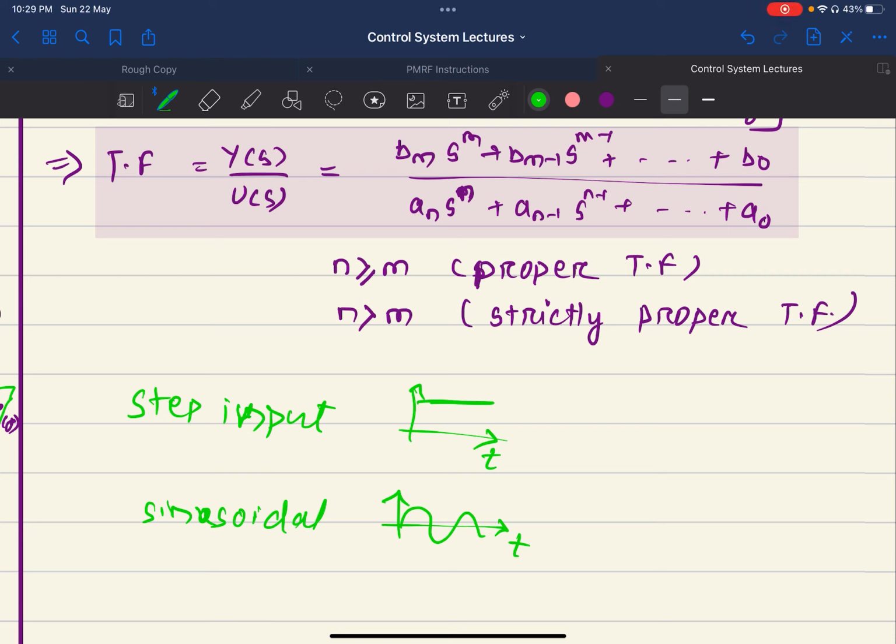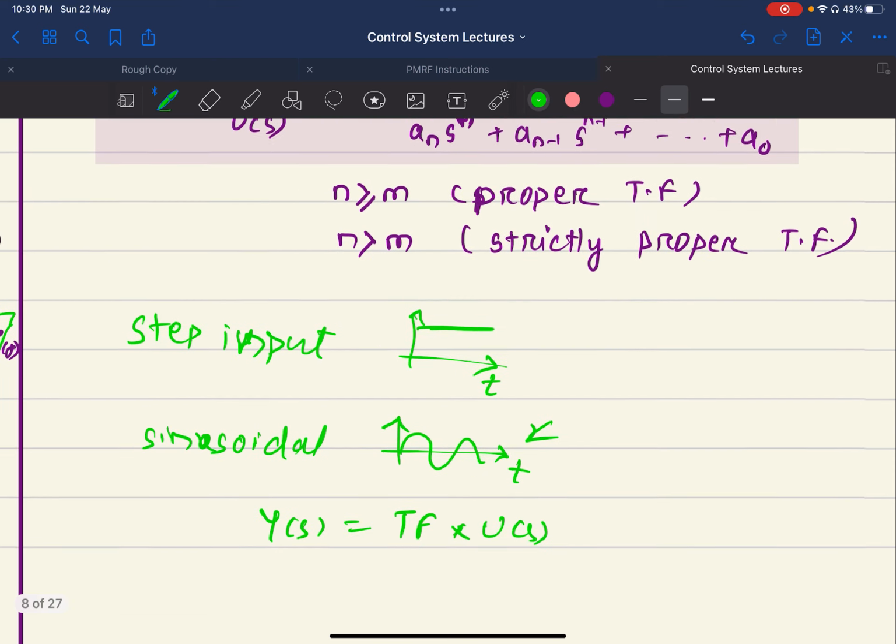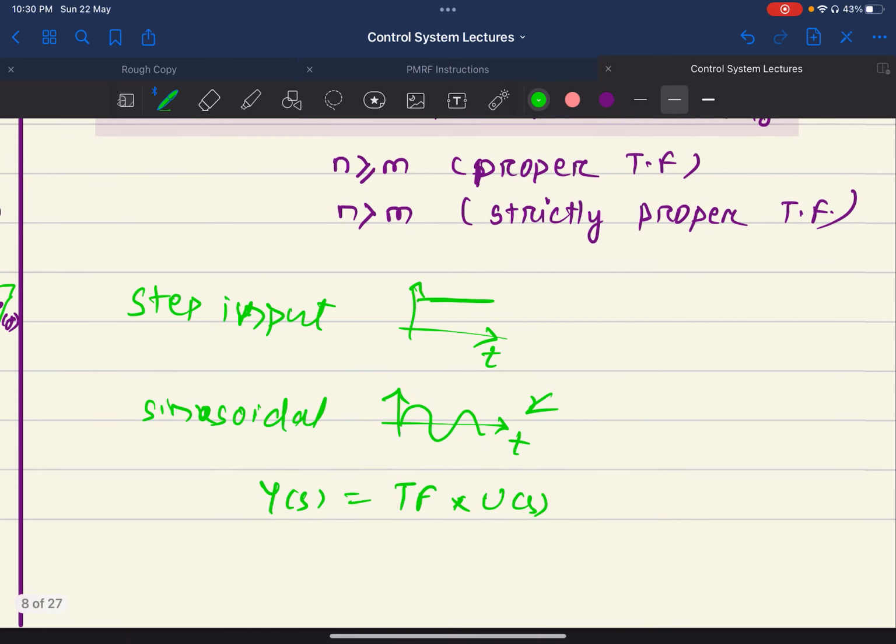Simply, my Y of s will be the transfer function into U of s. So take the Laplace transform of the sine wave, multiply it with the transfer function, and you will get Y of s. Do the inverse Laplace transformation and you'll get the response. So that's why we need the transfer function.